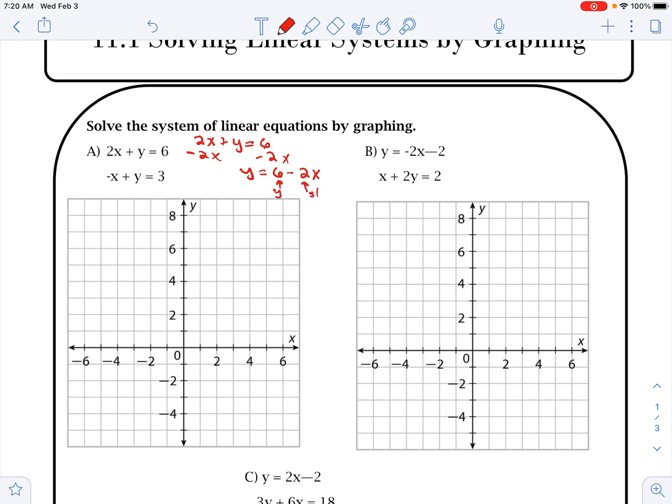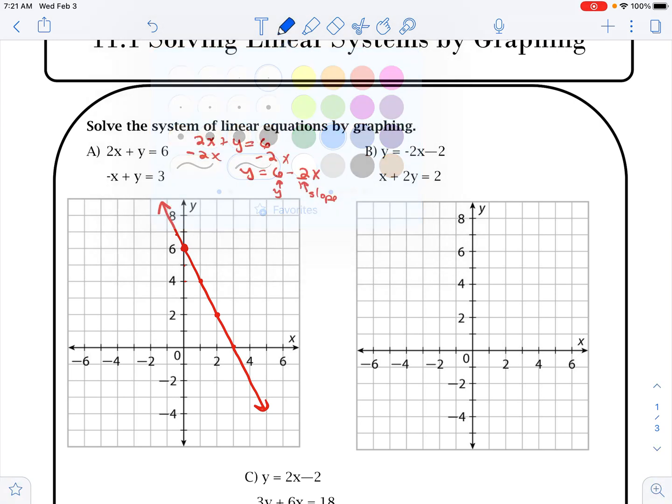My slope is negative 2 over 1, so down 2, over 1. You may want to do this a couple times so that you have a nice accurate line. The more accurate you are, the better. If you just try to freehand it, you're going to run into some issues. So that's the first line.